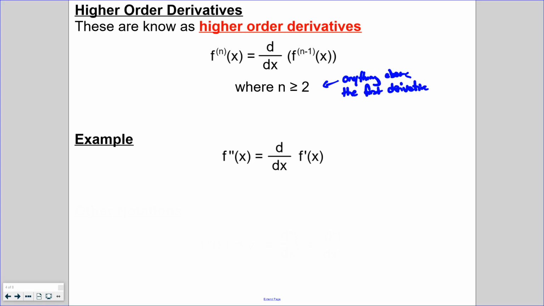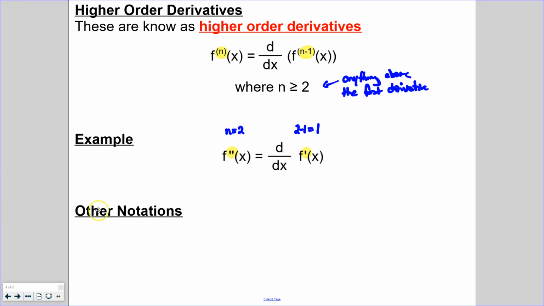So in this particular case, if we want to see what our n value is, we can say that our n value here is 2. And then if we compare it to what we're taking the derivative of, n minus 1, well, that'd be 2 minus 1, which equals the first derivative, which is what we have. So again, that's how the definition works.